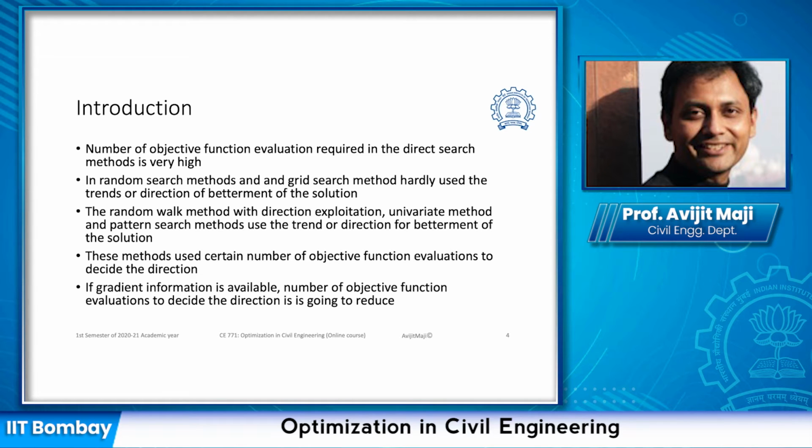However, these methods used a certain number of objective function evaluations to decide the direction. This number of evaluations to decide the direction or the pattern can be reduced if we know the gradient of the objective function at a particular location. For this reason, the gradient based methods require fewer objective function evaluations.